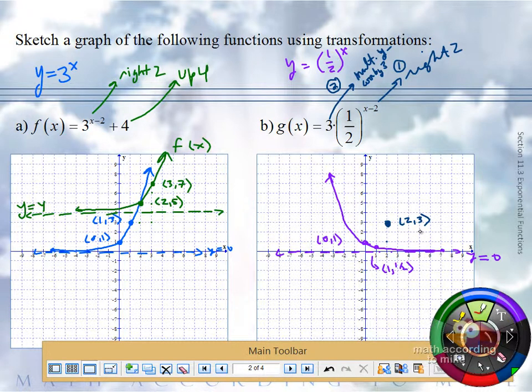If I'm at 1, 1/2, and I move it right 2, I'm at 3, 1/2. Multiply the y-coordinate by 3. So what's 1/2 times 3? 1.5. Or 3/2.